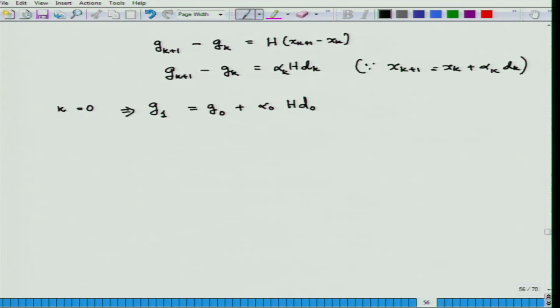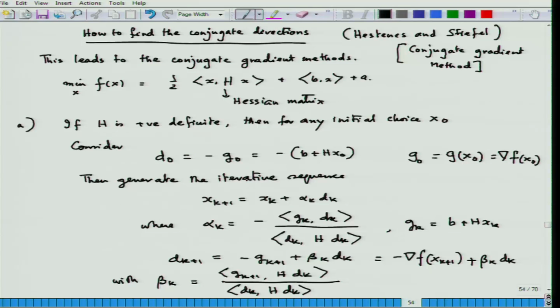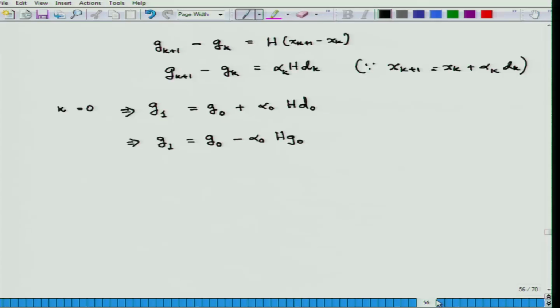Now, since d 0 is minus g 0, I can write g 1 as g 0 minus alpha naught h g 0. You have to put minus here, because d 0 is minus g 0, that is the basic assumption, that is how you take the starting one. This is exactly this assumption, which we will now write down here. That is what you have at this point.